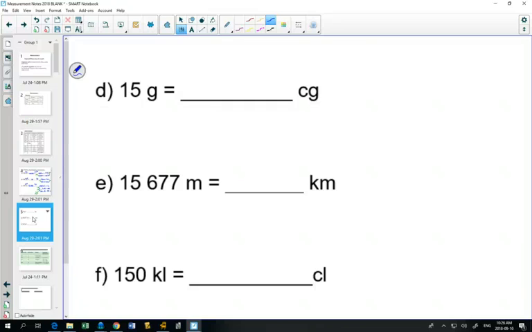So since there's 100 centimeters in a meter, there would be 100 centigrams in a gram. And so the gram would be the big one, and the centigram would be the small one.